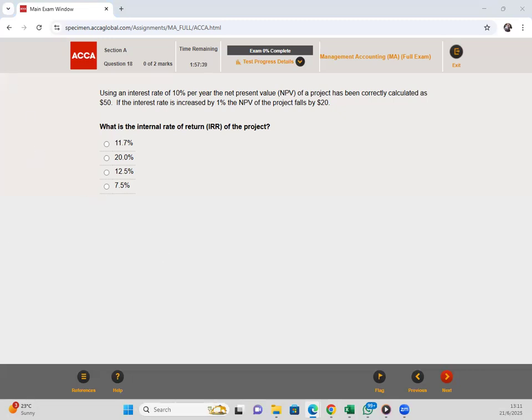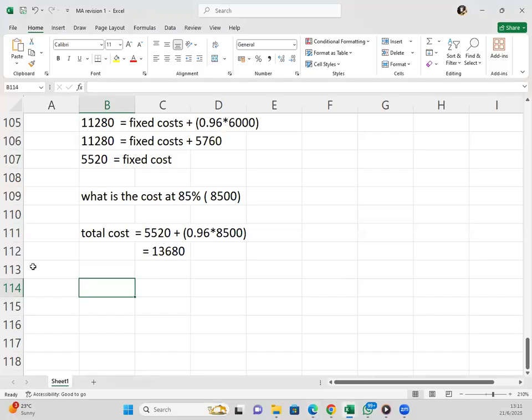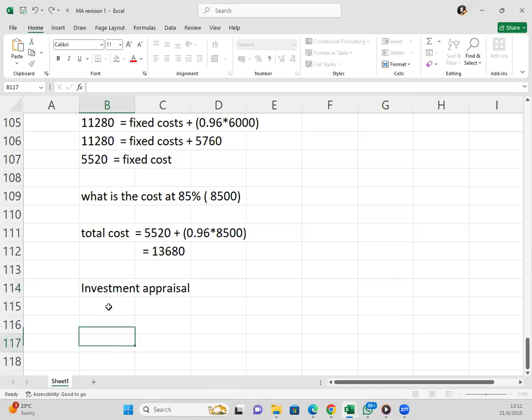So let's have a quick recap of the investment appraisal techniques, because we might not get another question on investment appraisal through the revision session.